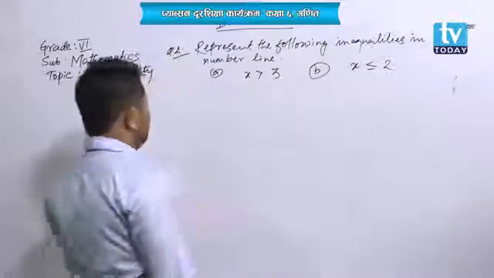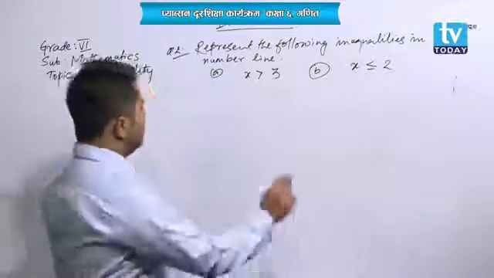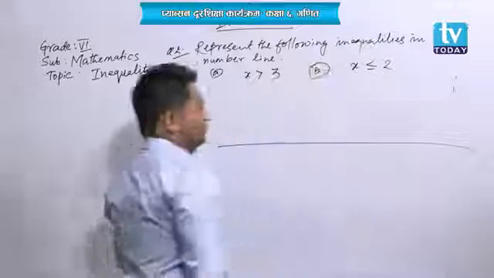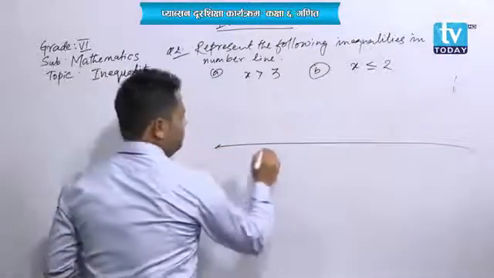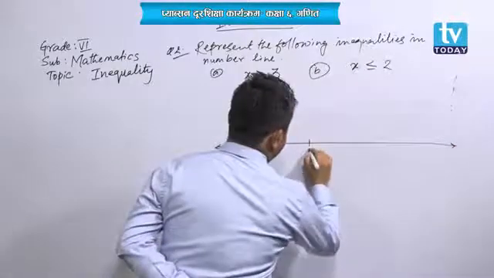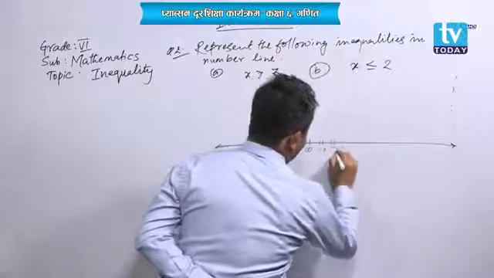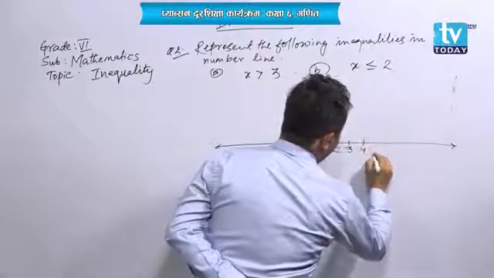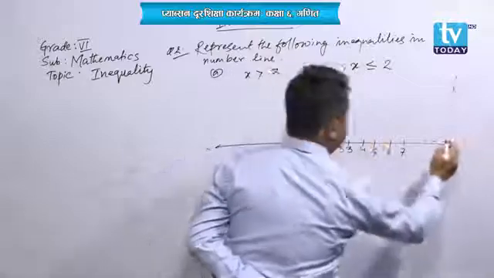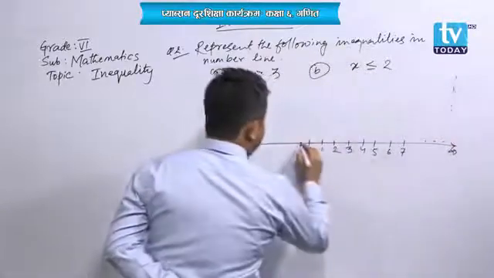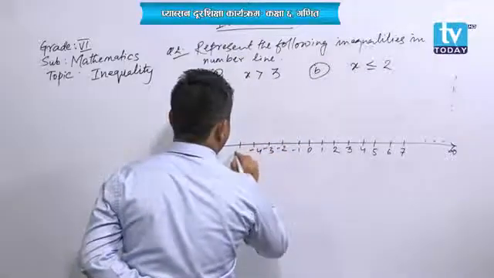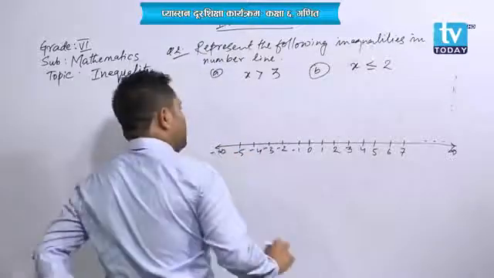Now we are going to discuss it here. You know how to draw a number line. We can use graph paper. Here you can start with 0, 1, 2, 3, 4, 5, 6, 7 up to infinity, and minus 1, minus 2, minus 3, minus 4, minus 5 up to minus infinity.